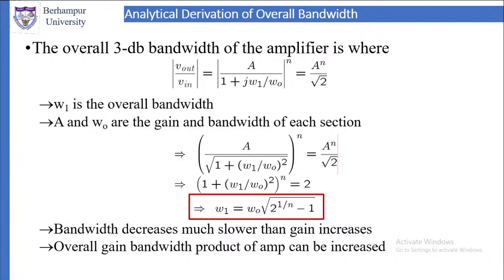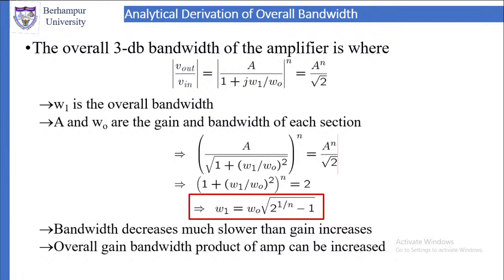What is the maximum gain? Maximum gain is A to the power n. That is the maximum gain, or the gain at the center frequency. So V out by V in is equal to A^n by root 2. Omega 1 is the overall bandwidth.